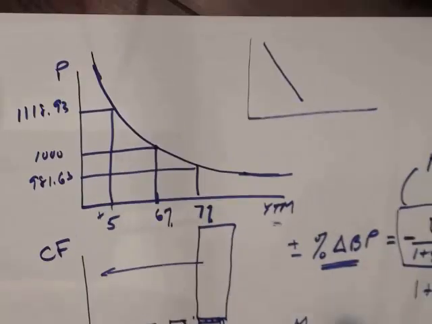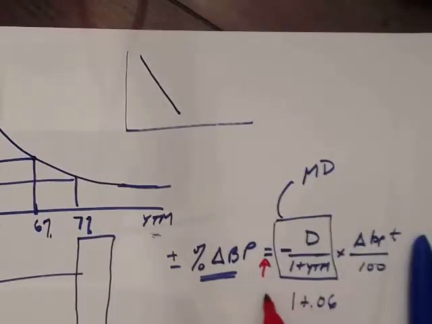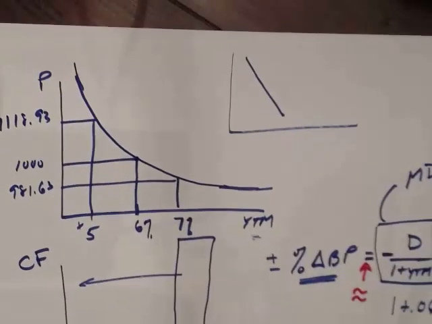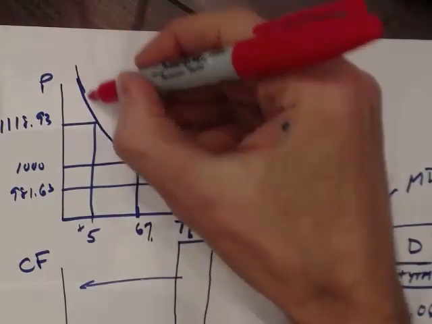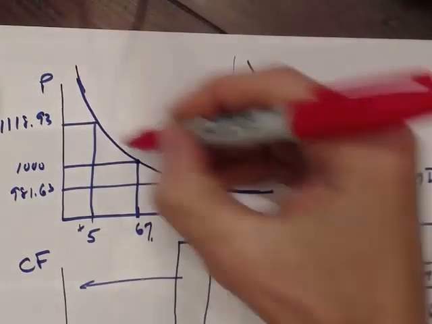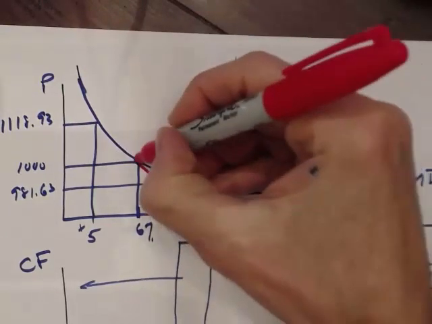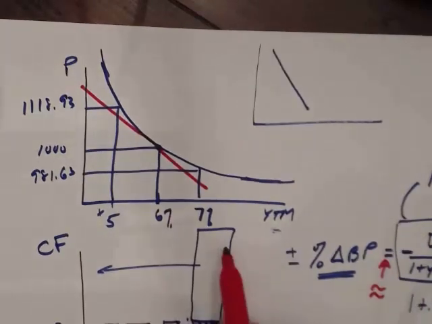Now this modified duration is technically an approximation, so it should have a squiggly equal sign there. And what I mean by that is this is a linear approximation to the actual change. The actual change is curved, you see that? But this modified duration is an estimate, assuming a linear relationship between bond prices and yield to maturity.